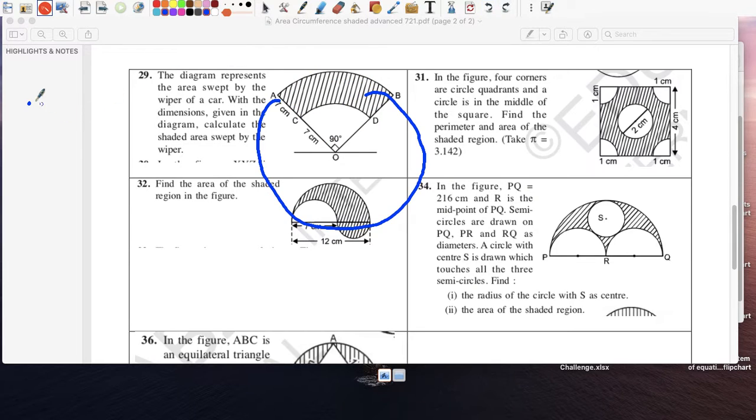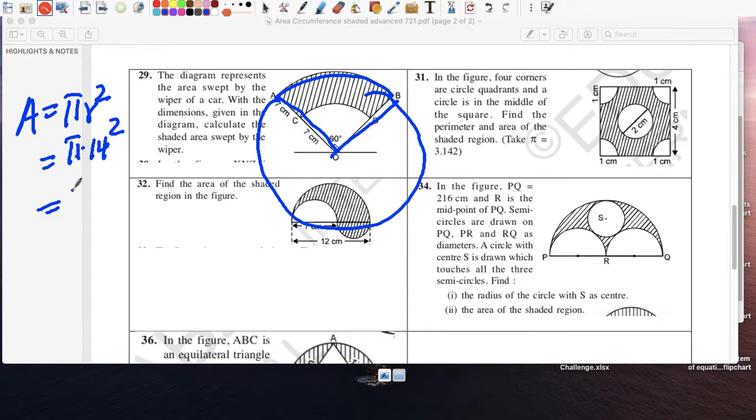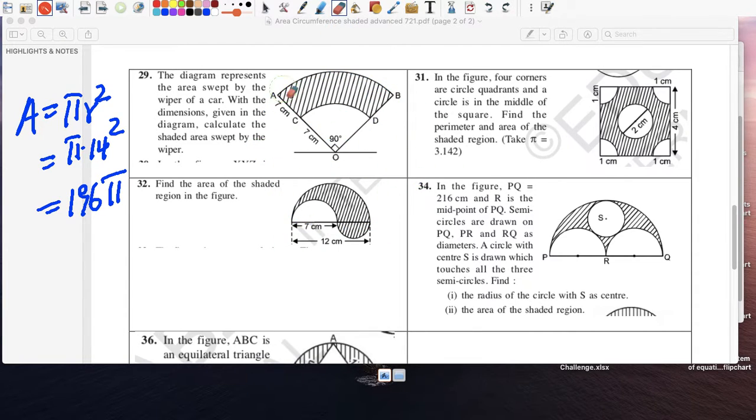So A equals pi r squared, and of the big circle, the radius is 14, because that's 7 and 7. So pi times 14 squared, and we're going to leave it in terms of pi this time, 196 pi centimeters squared. Done. So that's the area of the quarter circle of the big circle.